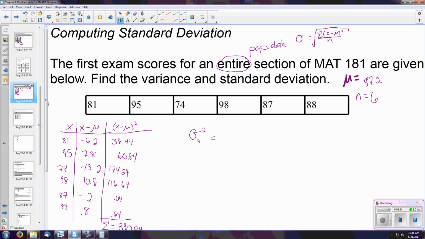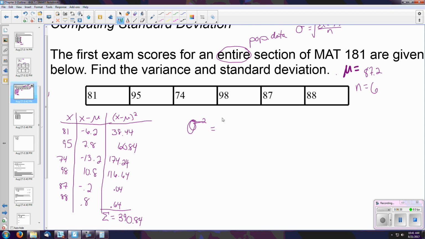So my variance is equal to this number here, 390.84, divided by n is equal to 6. Now, before I do anything in terms of whether I have to round or not, I'm also going to list out what that would be for my standard deviation, and that is the square root of this number up here.